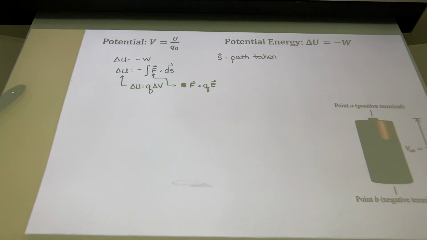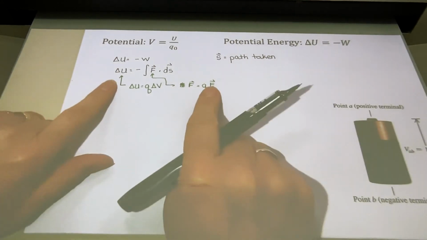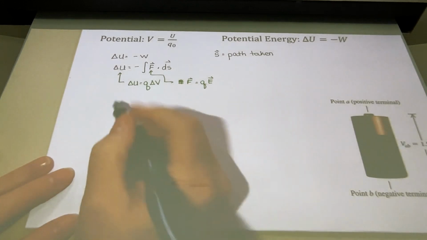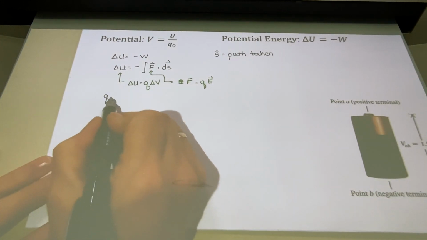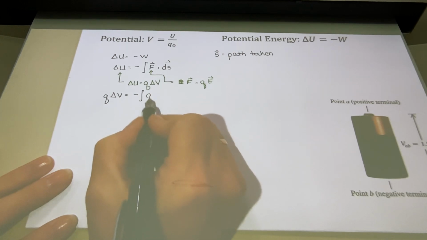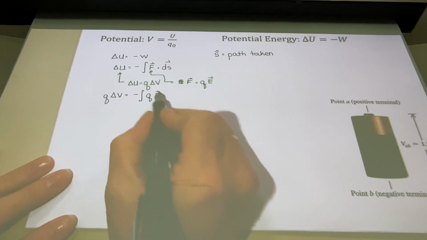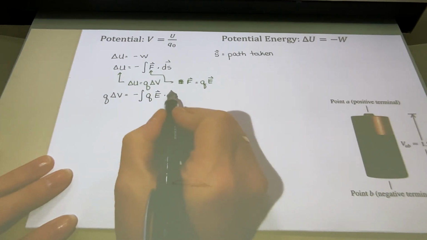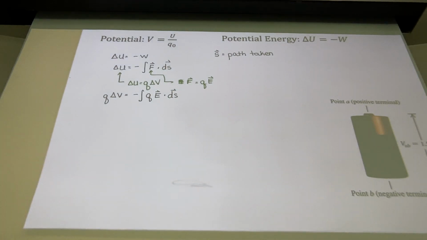Those are our definitions of energy and force. We'll substitute those two expressions in. So Q times delta V equals negative Q times electric field integrated over the path taken. I did a straight substitution there.